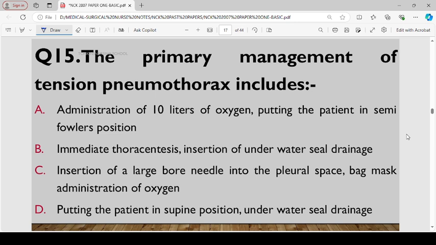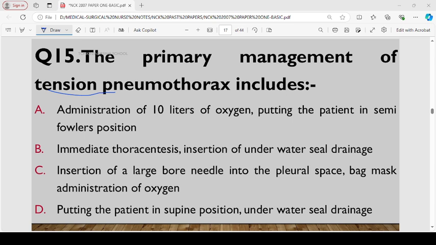The primary management of tension pneumothorax includes, you have option A to D, right? You have a minute. So administering 10 liters of oxygen in semi-Fowler's position is incorrect, as the emergency requires immediate thoracocentesis, not just oxygen, right? Insertion of a large bore needle into the pleural space, then mask administration of oxygen.